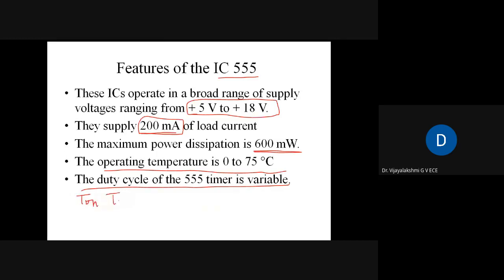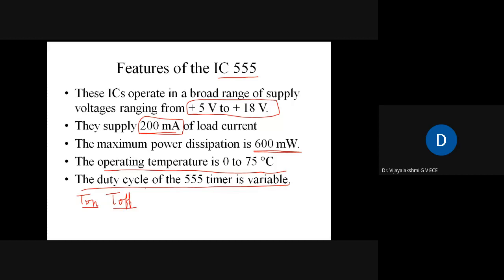For example, you have connected some external device to this electronic circuit. We have designed it such that whenever time is on, the device will work, and whenever there is off time, the device will not work. So you have in the timing the T on period and T off period.